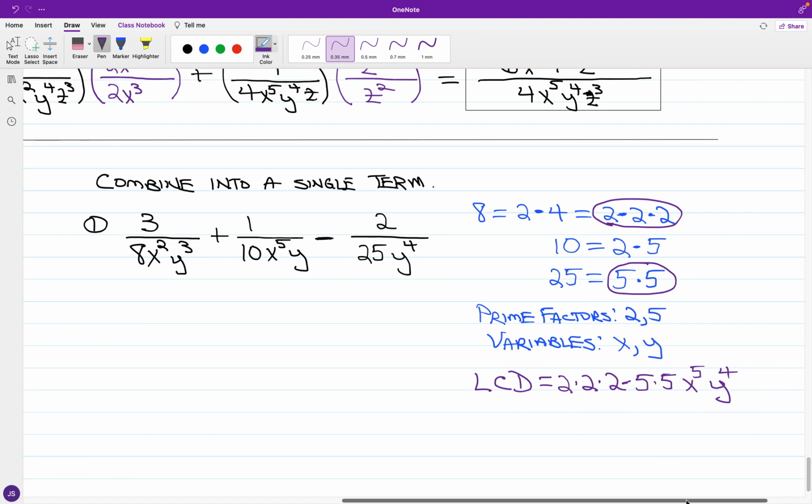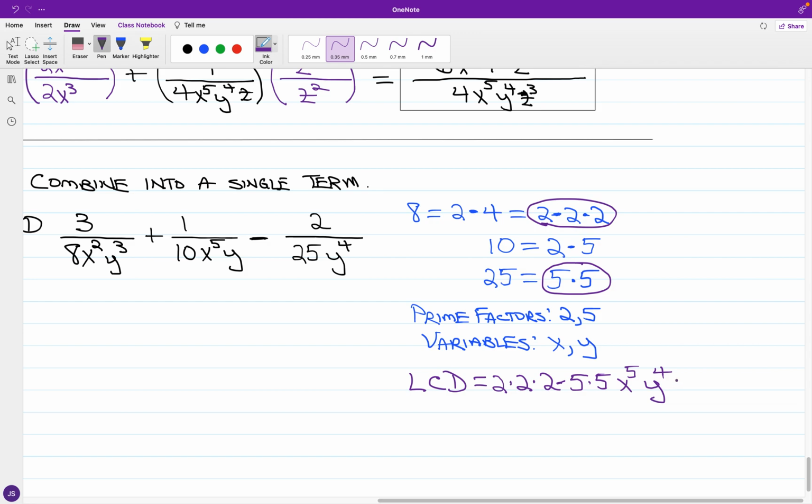So for the least common denominator, we got 2 times 2 times 2 is 8, times 5 is 40, times 5. So this will be 200 x to the 5th, y to the 4th.